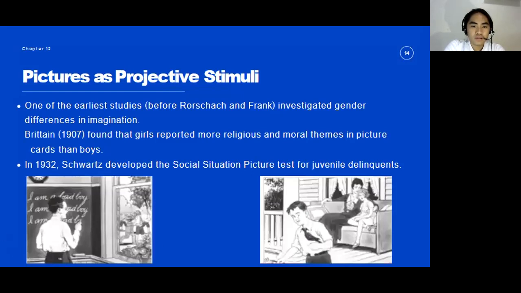There's a boy with very misshapen hair, and that does not look normal, writing "I am a bad boy" while looking out the window. So, presumably, a delinquent or a teenager would identify with this. I might open up because of the picture. That is the hope of all therapists, and I don't think it really worked too well.